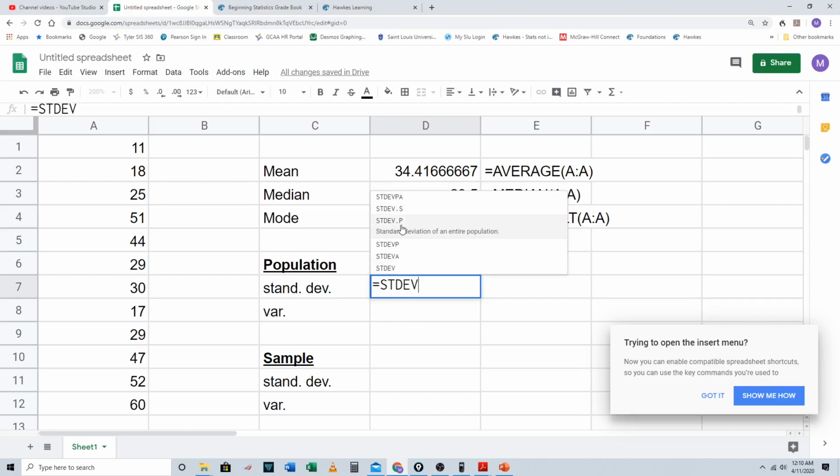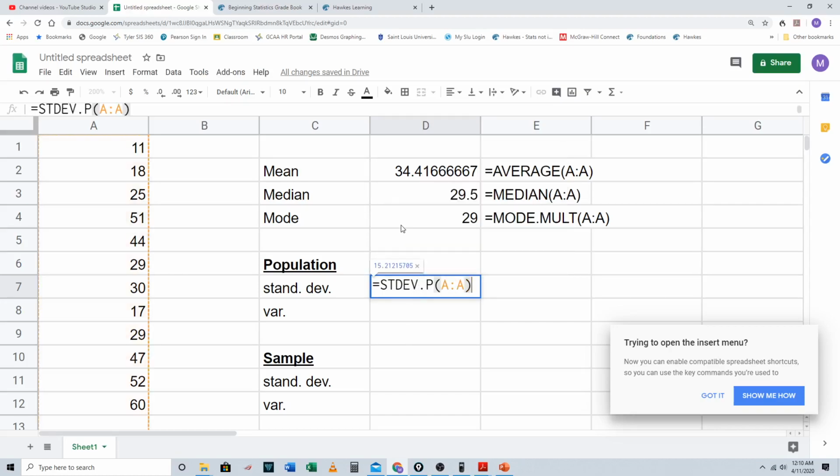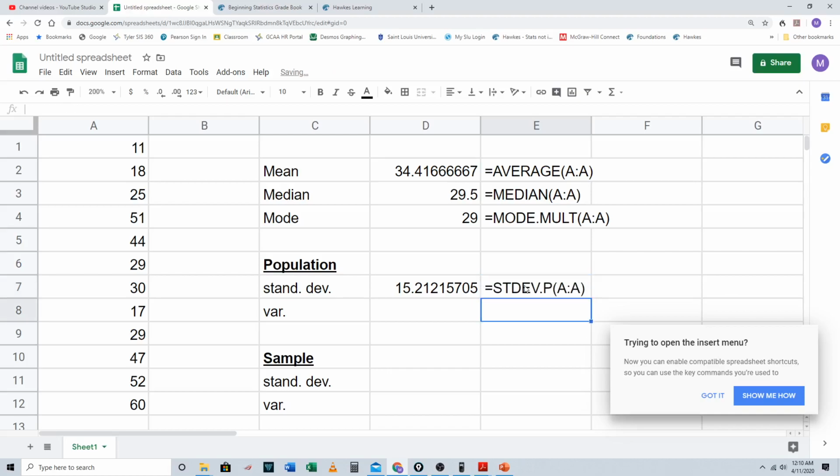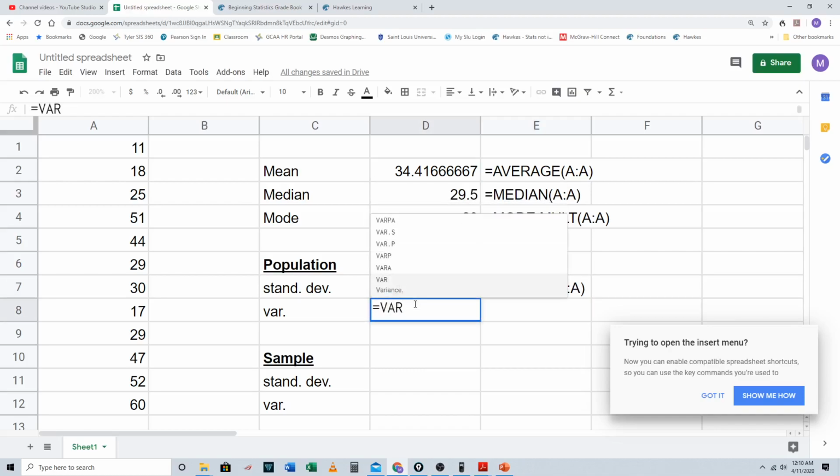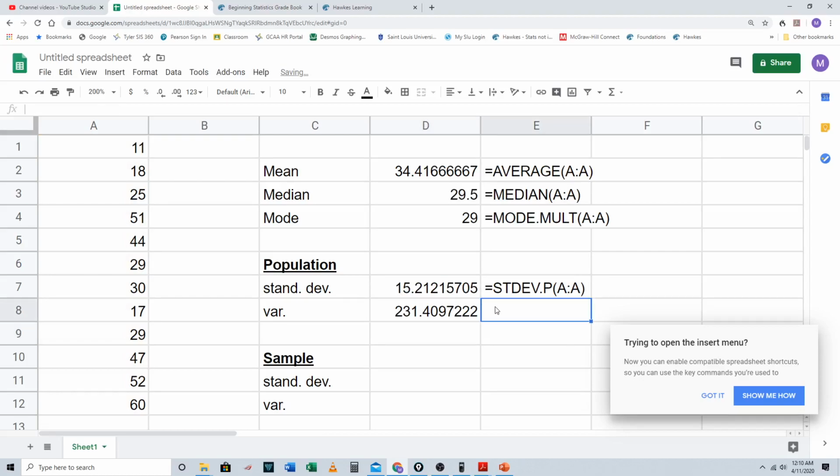I'm going to use .P, STDEV.P of A colon A. And variance is equal to VAR.P for population of A colon A.